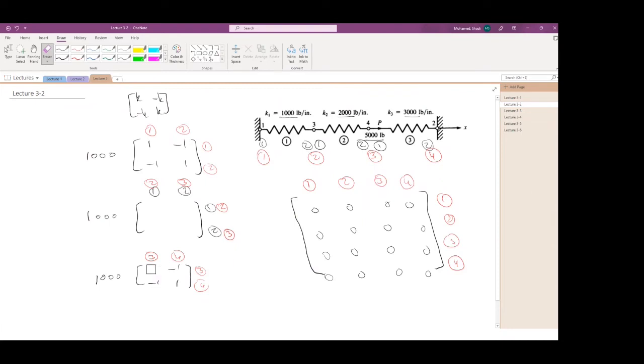And instead of ones here, I would have 3s. So this will be 2, minus 2, minus 2 and 2, 3, minus 3, minus 3 and 3. All right, so this way I can write the 1000 here. And then when I want to add or assemble or just combine these matrices, I can combine them just as 1s and 2s and 3s.